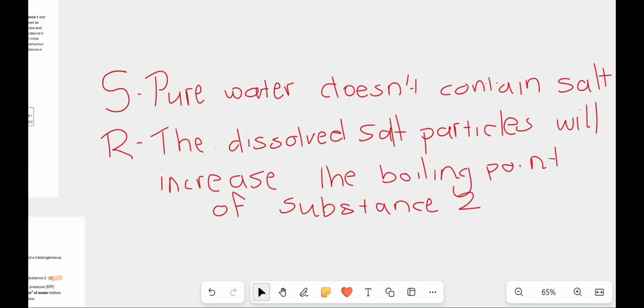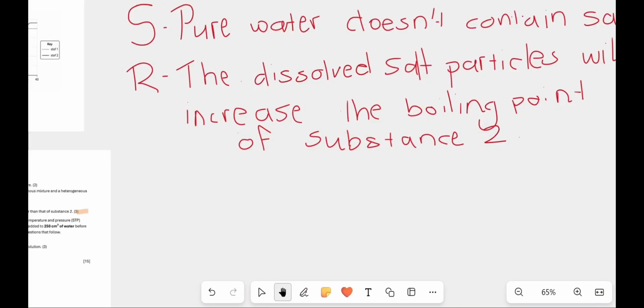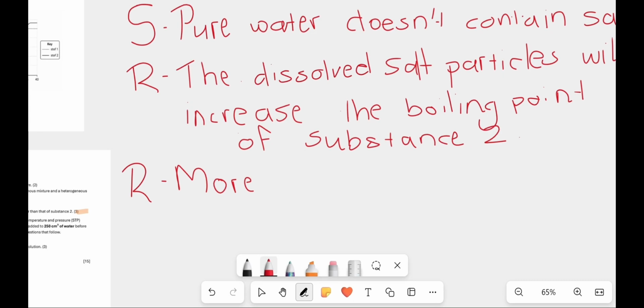Okay, then now you're going to talk about the energy needed or the heat or whatever you need to call it, basically. Okay, so now we are giving our third reason, and we're going to talk about the energy and heat. We know that there's more heat needed to break bonds if the bonds are a specific type of bonds. So we're going to say more heat, or you can say energy, needed. I'm giving short answers, so you can give full answers.